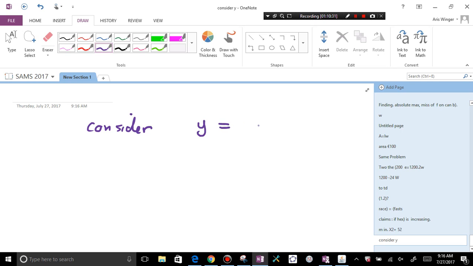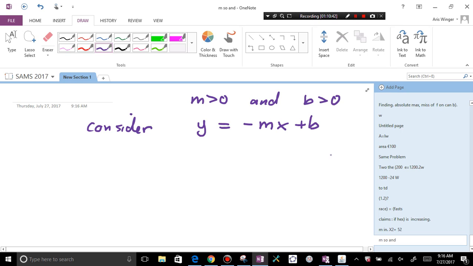So consider y equals negative mx plus b, where m is positive and b is positive. So we'll just do a line that's going through the first quadrant. So that's a line with negative slope, right?